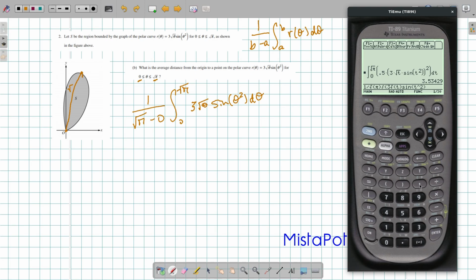And I'm going to integrate that with respect to theta from 0 to square root of pi. Let me actually make that a pi in here. Close for the square root and close for the integration. We'll do green enter again to get approximate.